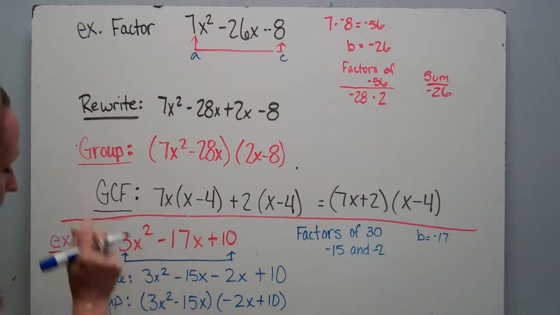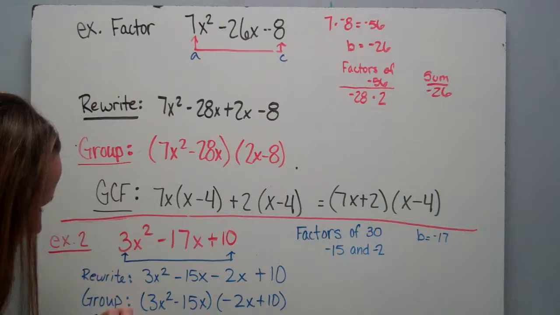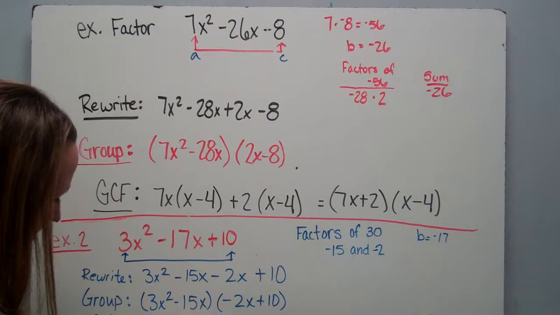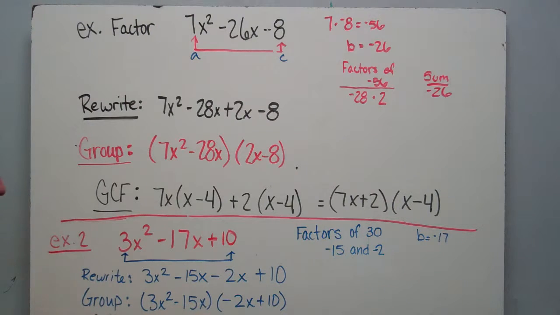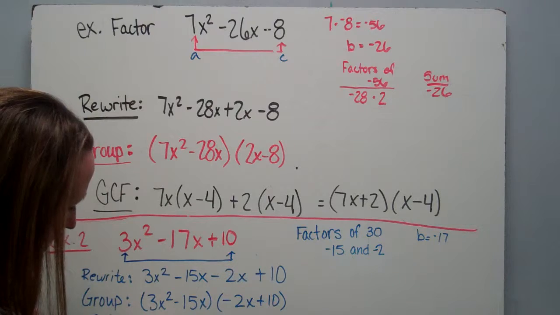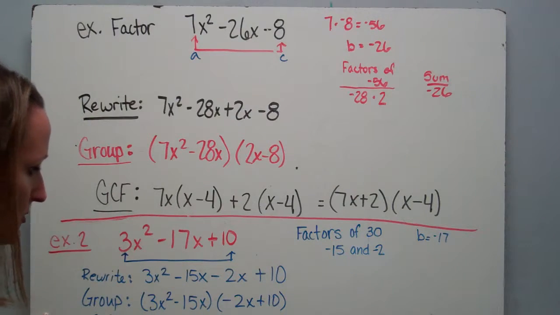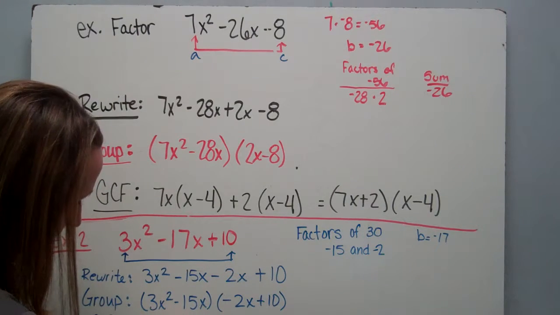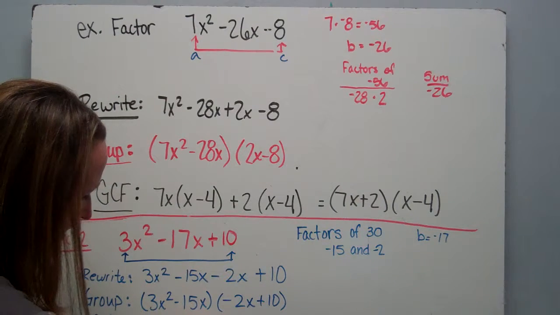Okay, so now find the GCF. Whoops, I don't want to write that yet. What can I pull out of both of these? Both 3x squared and 15x are divisible by 3. Both 3x squared and 15x are divisible by x, leaving me with an x minus 5.